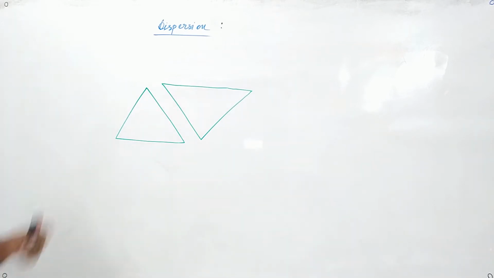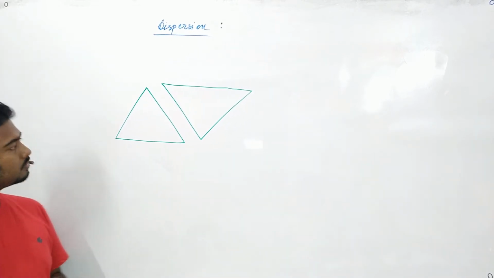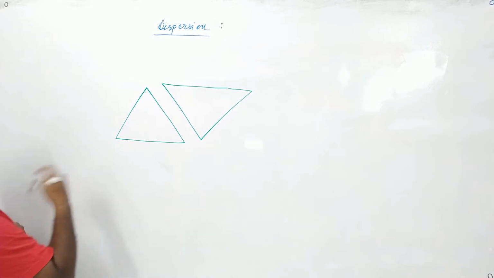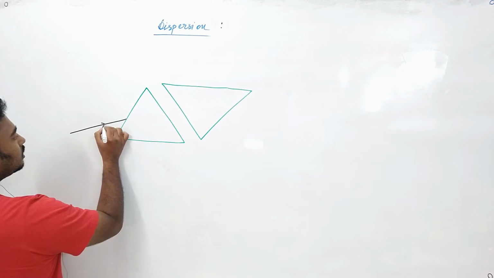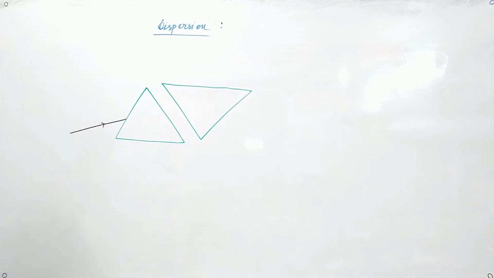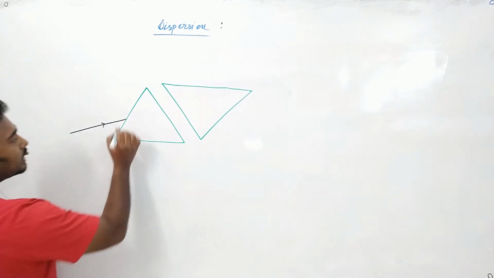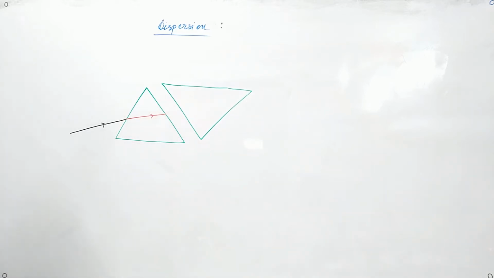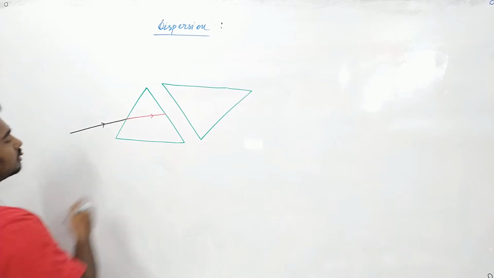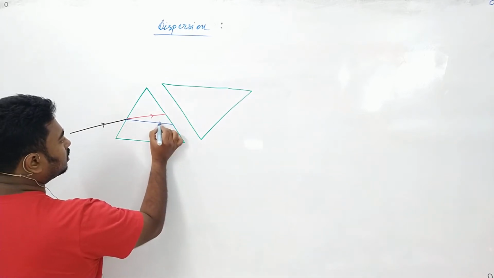Same angle of prism. Suppose a ray of light is coming in this direction. So it will get split into two parts. This is the first part, this one will be the second part.